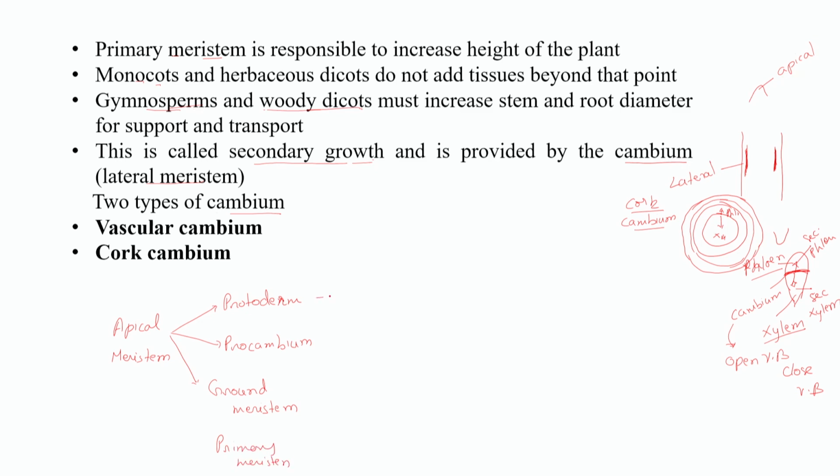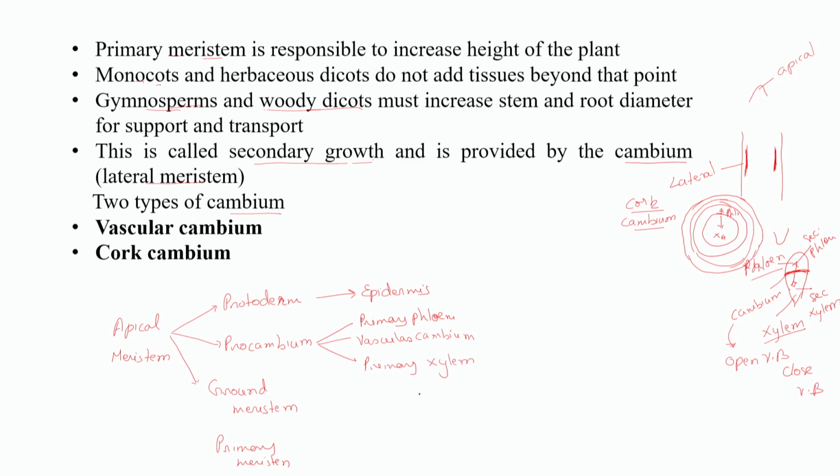Now, they will give rise to primary tissues. Protoderm was responsible to give rise to epidermis. Okay. Procambium was giving rise to primary xylem, primary phloem and vascular cambium, you can write down in order.